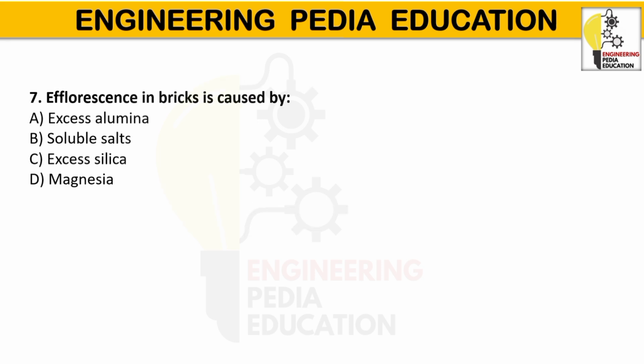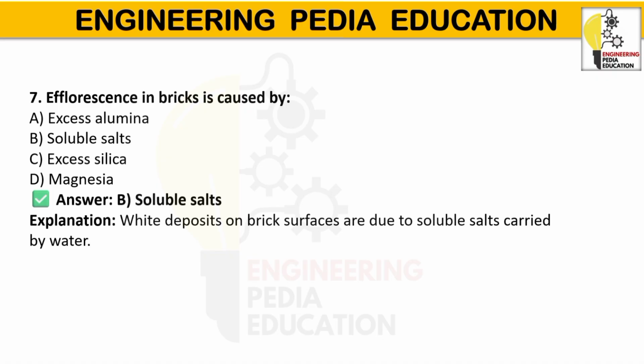Efflorescence in brick is caused by excess ammonia, soluble salt, excess silica, magnesia. So the correct answer is soluble salt. White deposits on the brick surface are due to soluble salt carried by water. What is efflorescence?